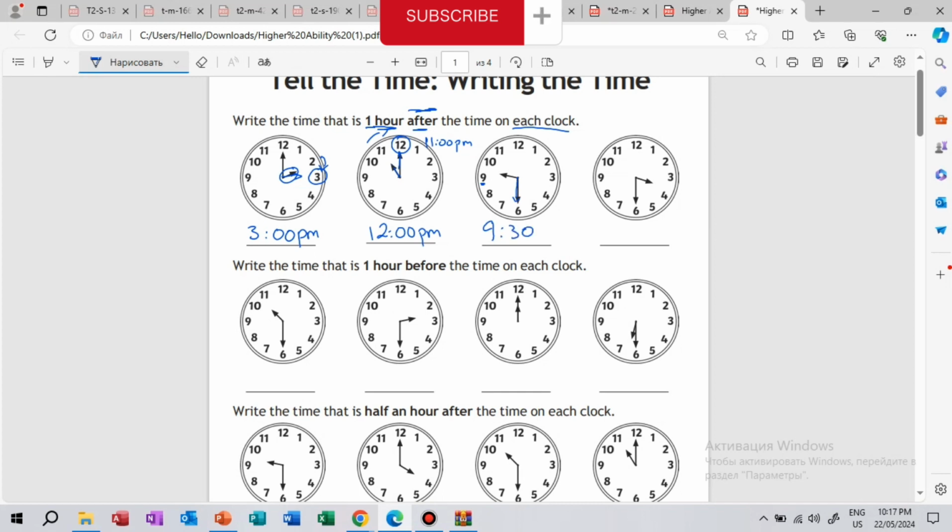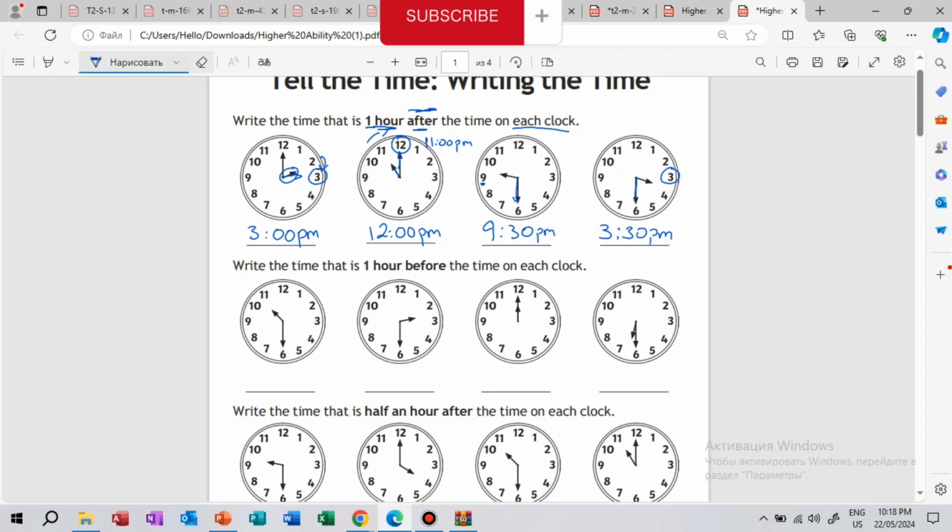So it's going to be 9:30 p.m. or a.m. Okay, and the next one, look again, it's just pointing between 3 and 4. So what time is it going to be? It's going to be the number before it, which is 3:30 p.m. or a.m. Okay, you understood? So this is how we use the clock.